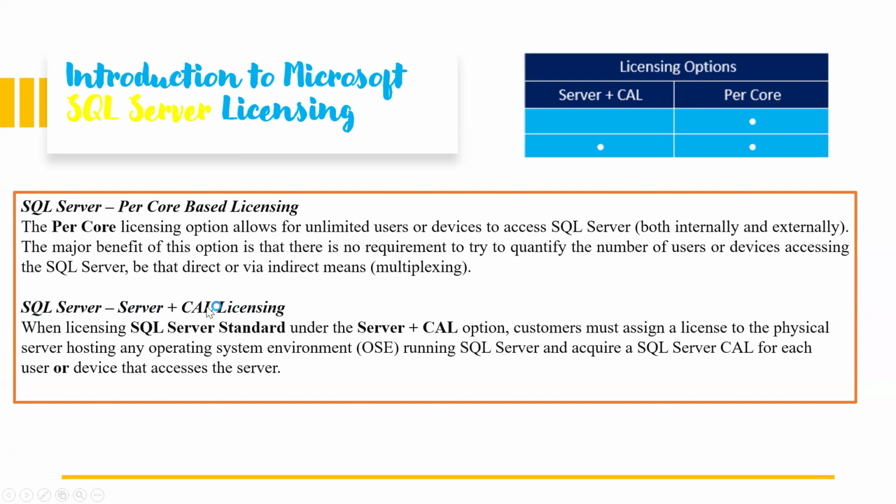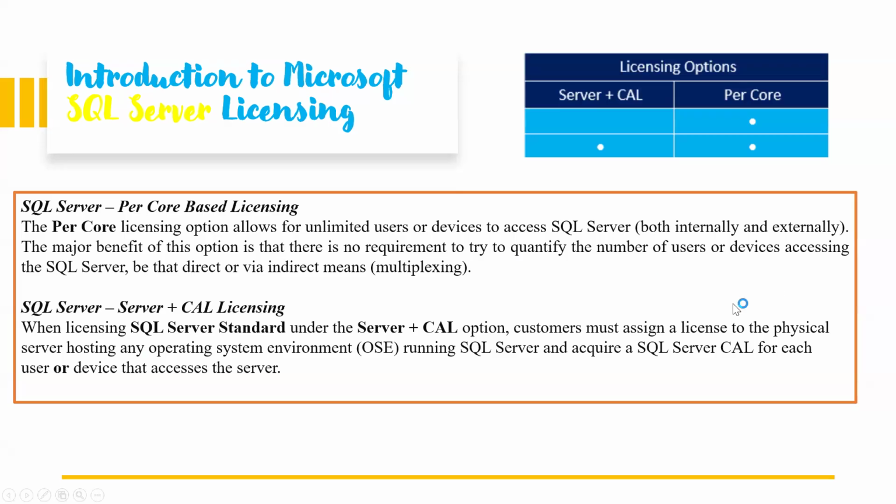When you go for Server+CAL license, see, when licensing SQL Server standard under Server+CAL license option, the customer must assign a license to the physical server hosting any operating system environment running SQL Server, and acquire a SQL Server CAL license. There is one license key for Windows.